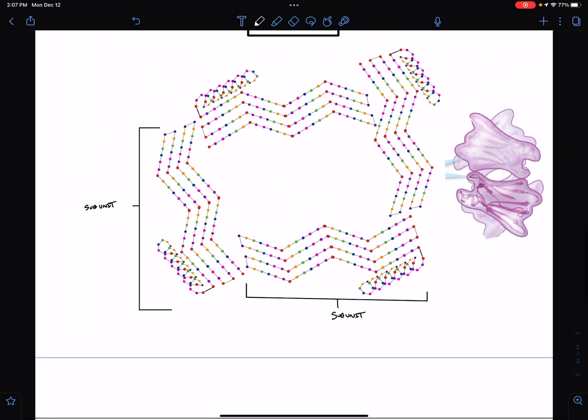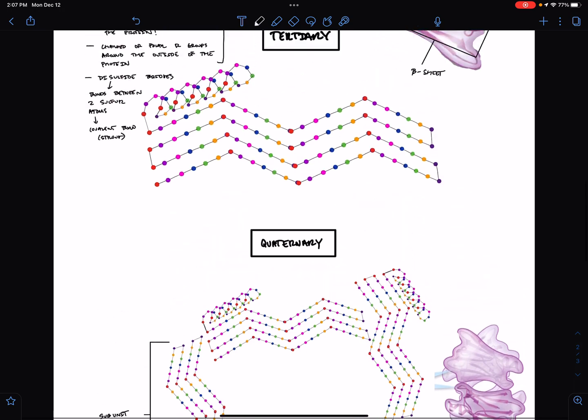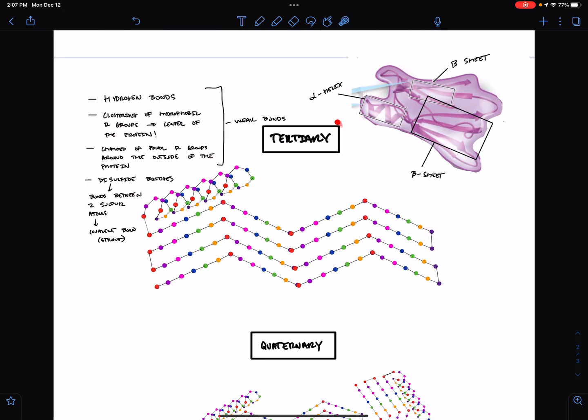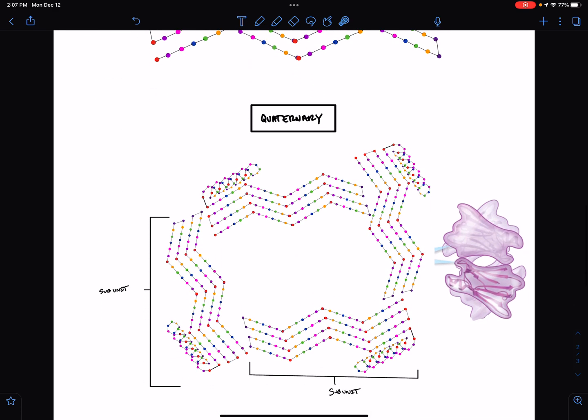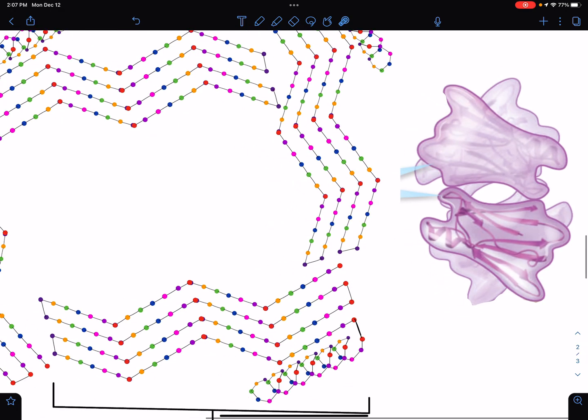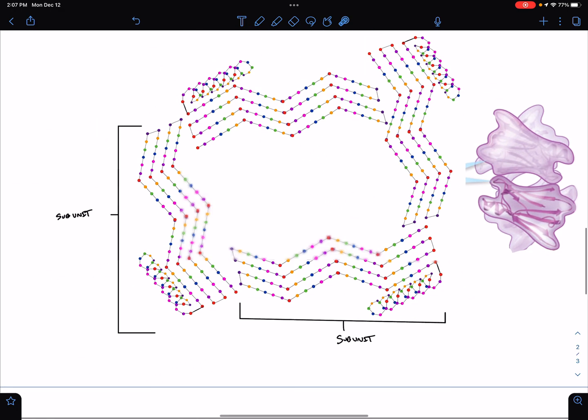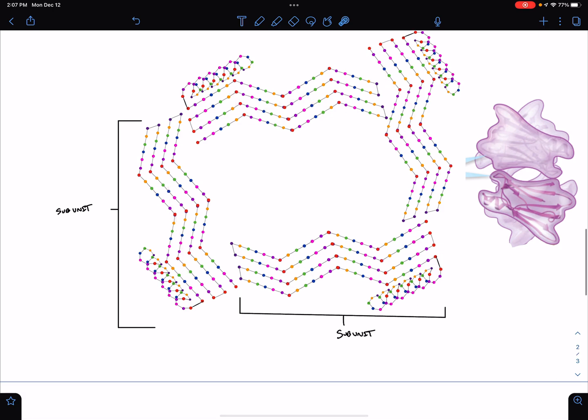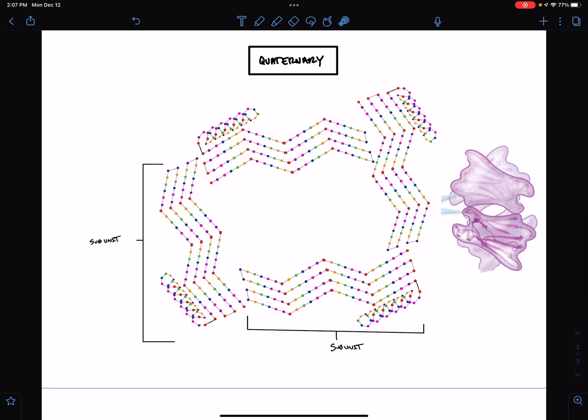So some proteins, their highest level of structure is tertiary structure. They're only composed of one subunit. But there are many proteins that, in order for them to be activated, require the association of multiple subunits. So you can see here, there are 4 subunits, 1, 2, 3, 4, in this final protein, just like this protein has 1, 2, 3, 4 subunits as well.